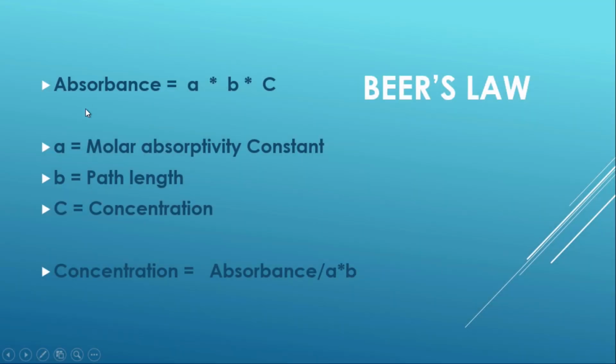Let's take a look at this equation. The y variable, absorbance, is equal to A times B times C in Beer's law. A is what's called the molar absorptivity constant, B is the path length, and C is the concentration. In the equation we looked at just a moment ago, the A and B are combined. But B is a constant because the path length is not changing.